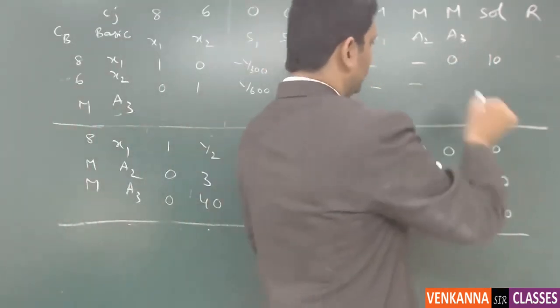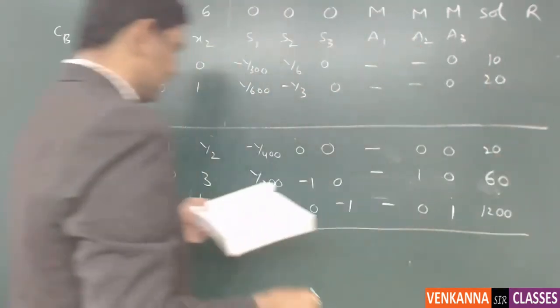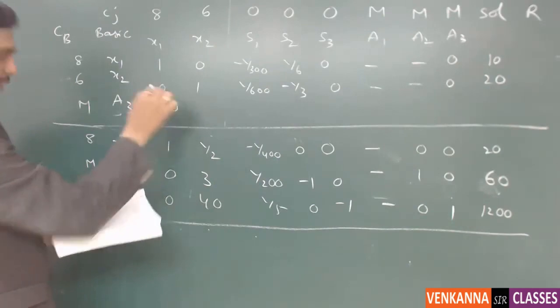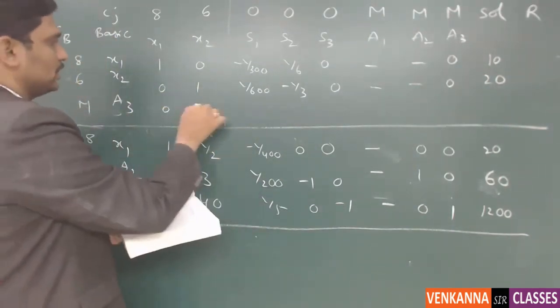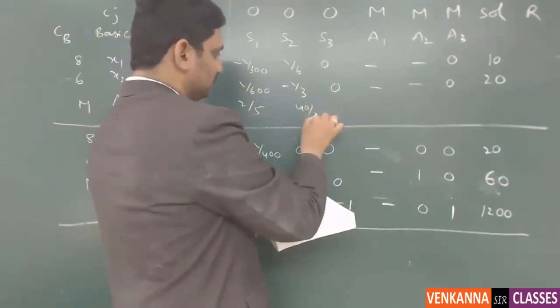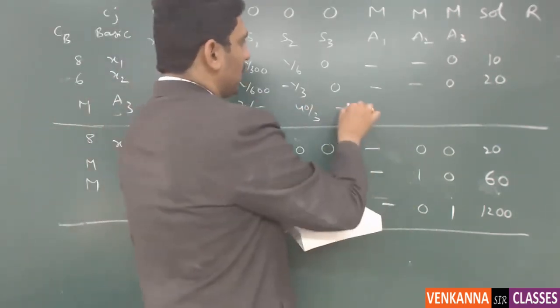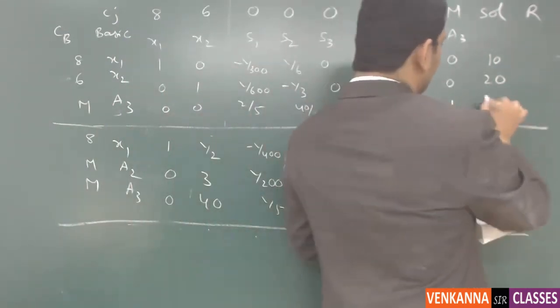Two things are removed here, again 0 here, and you have the 20 is the solution, and then here you have 0, 0, 2 by 5, 40 by 3, minus 1, and then 1, and here the value 400.